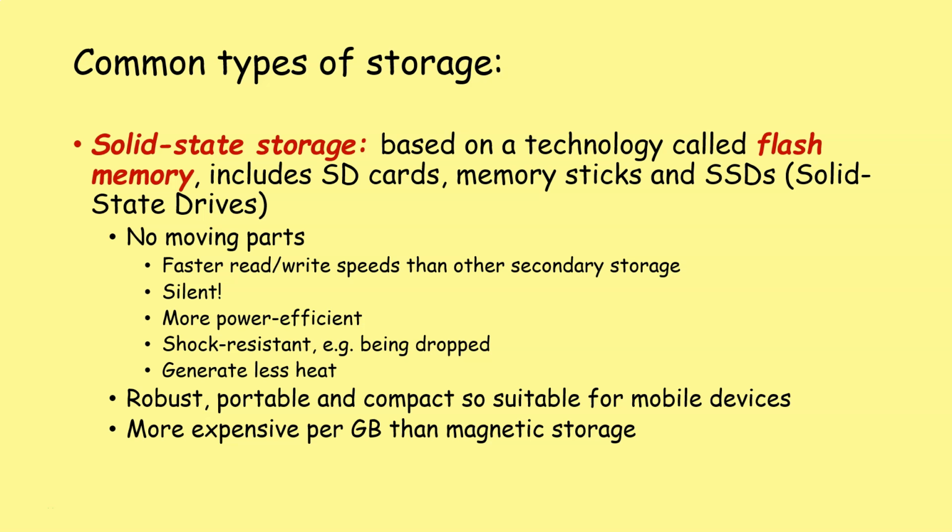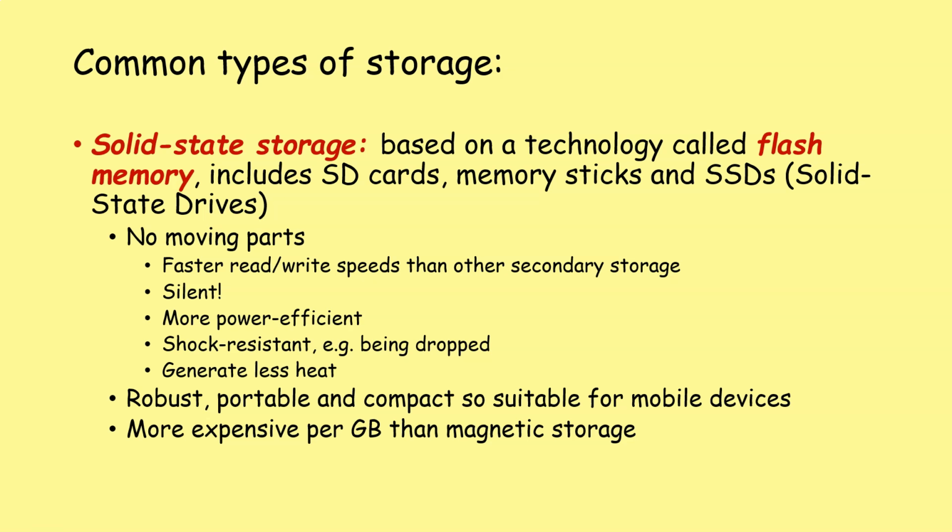Let's look at some common types of storage. Solid-state storage is based on a technology called flash memory. This includes SD cards, secure digital, memory sticks, and SSDs, solid-state drives. The main advantage of solid-state technology is that it has no moving parts.